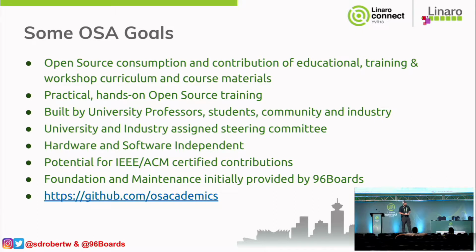We will start with 96Boards technology, because this is what we know best, but I would really like to see this grow across STEM: physics, math, science, anything you could think of in this open source ecosystem, allowing people to share, contribute, and collaborate on curriculum or training materials in this open source way. That is the current org. You can write that down, or you can just remember OS Academics.